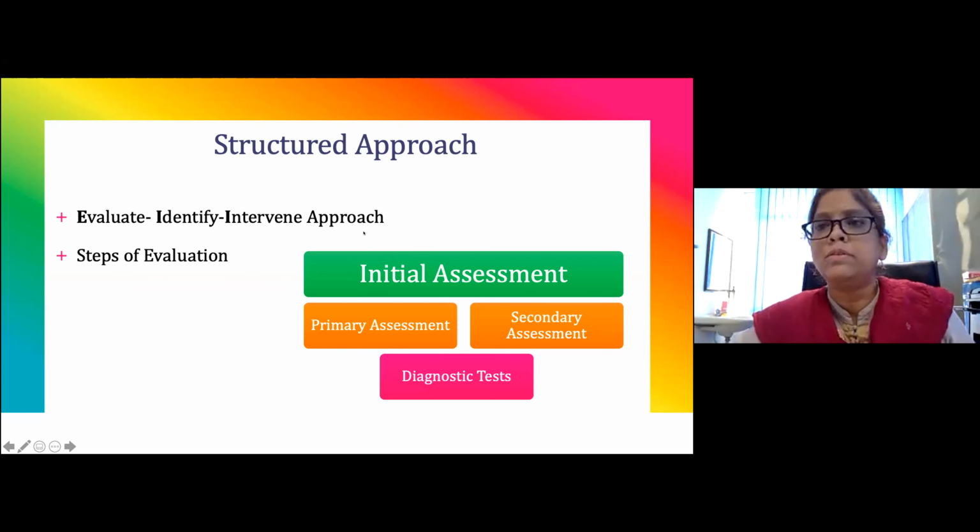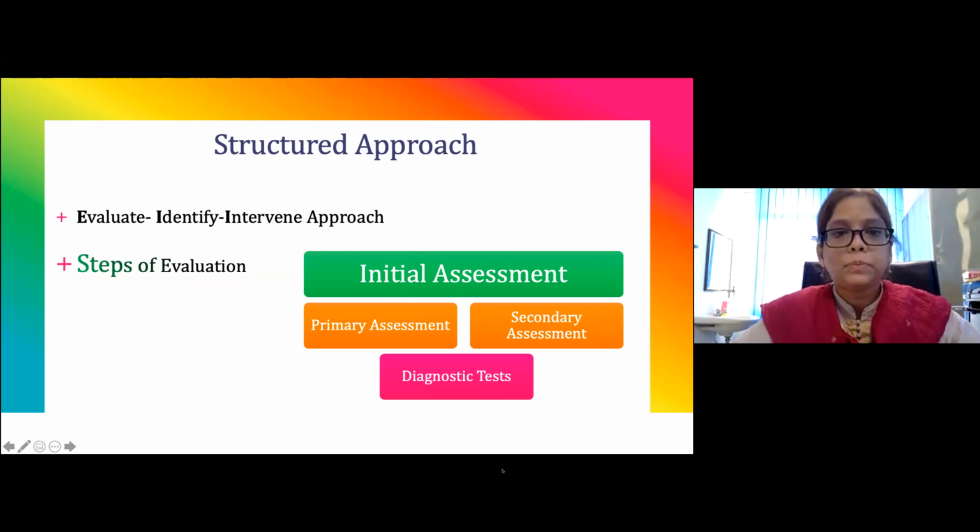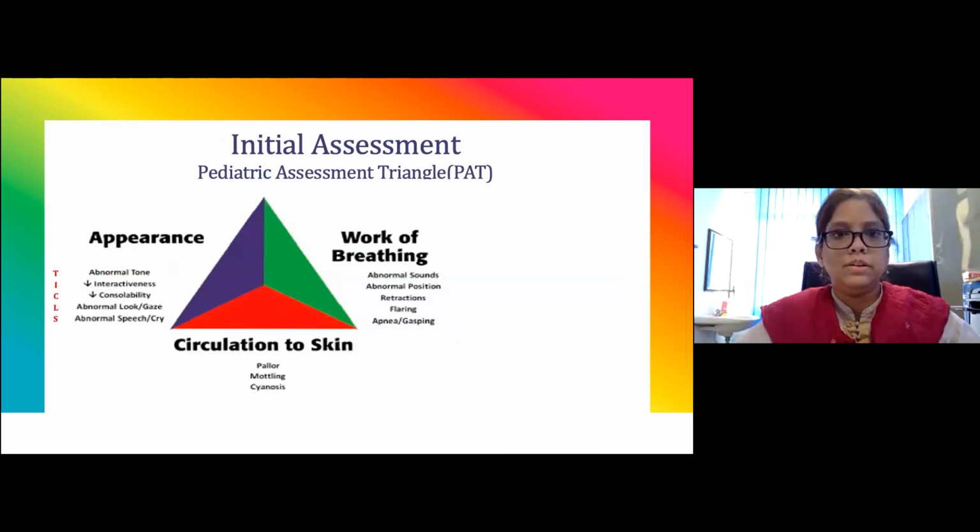So I will be focusing mainly on how to evaluate a sick child, or what are the steps of evaluation of a sick child. It comprises the following assessments. First is the initial assessment, followed by primary, then secondary assessment, and at the end, the diagnostic tests that will be required.